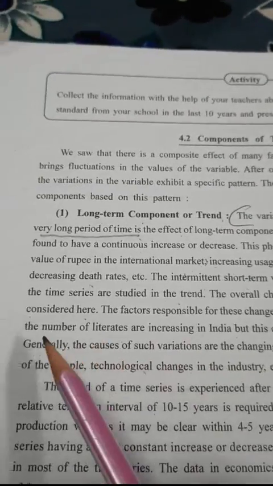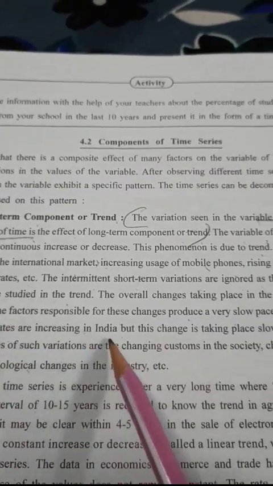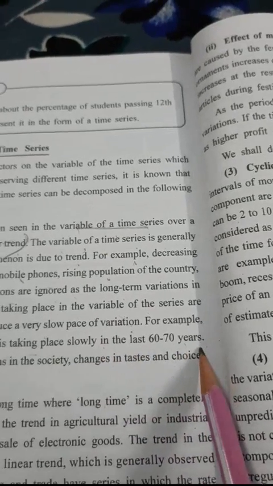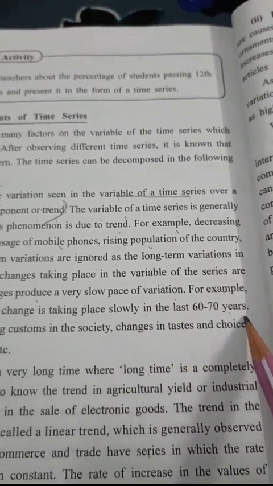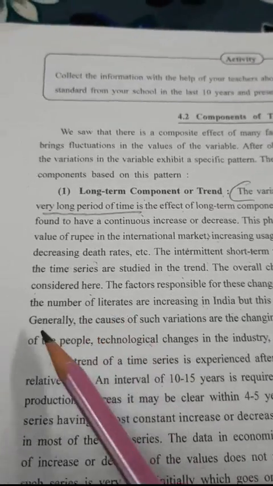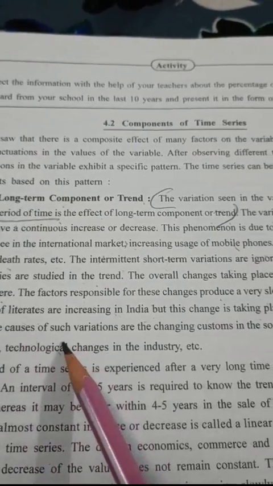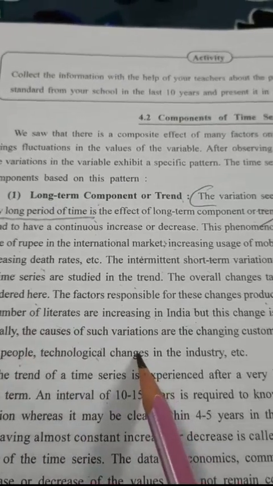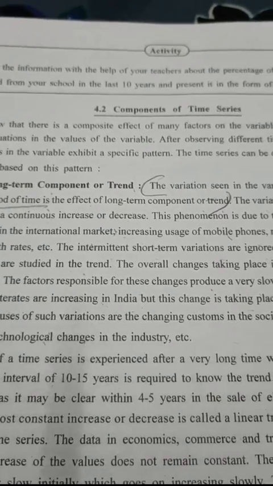For example, the number of literate people is increasing in India, but it is increasing at a very slow pace over the last 60 to 70 years. No doubt education is increasing, but at a very slow pace. Generally, the causes of such variation are changing customs in society, changes in the tastes and choices of the people, and technological changes in industry. Why are the changes coming?